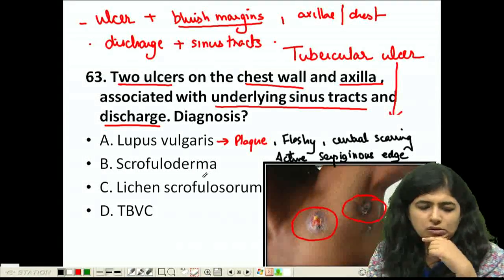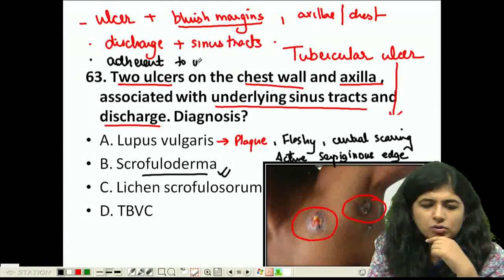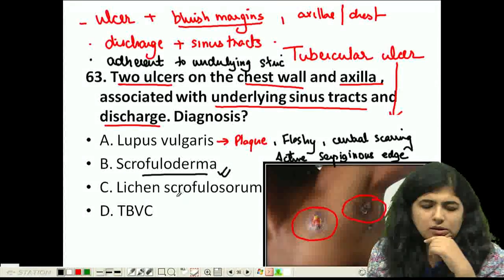So this is how lupus vulgaris looks like. Scrofuloderma, exactly how it is mentioned here, is adherent to the underlying structure from which it is arising.